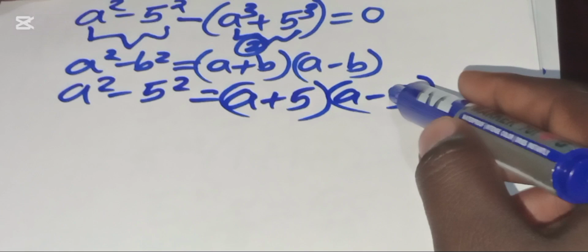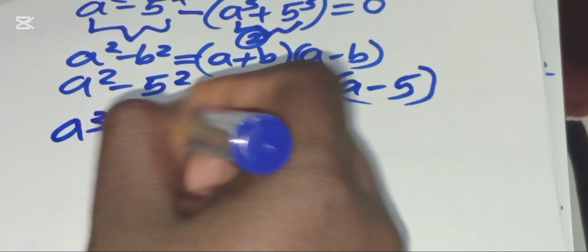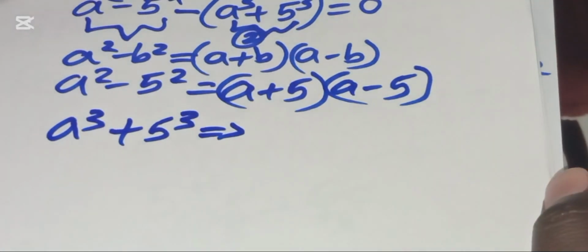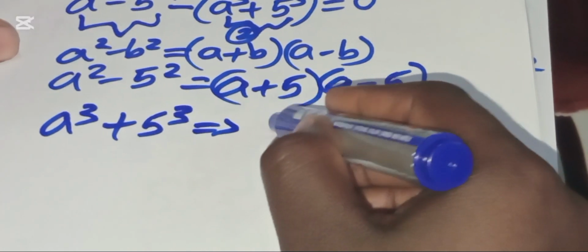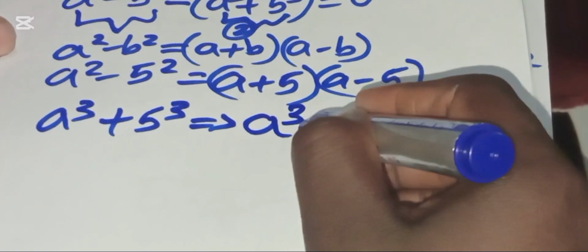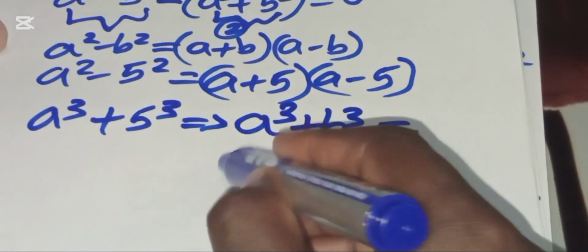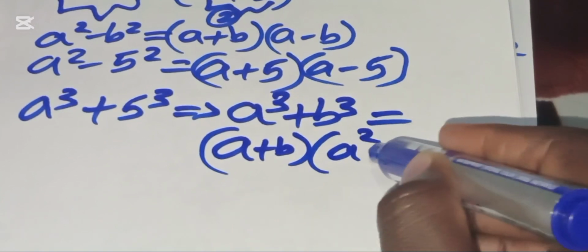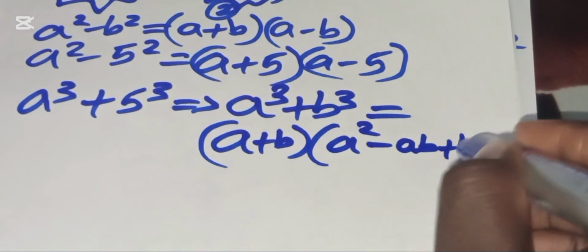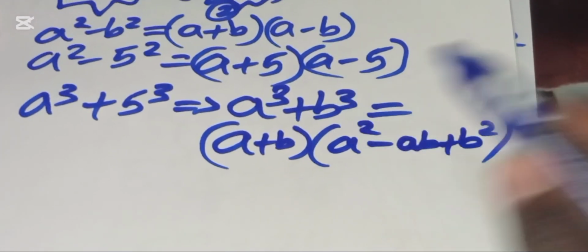Now this is the first part. The second part, a cubed plus 5 cubed, is in the form of a cubed plus b cubed, which you can express as a plus b, a squared minus ab plus b squared. So let's apply this property.